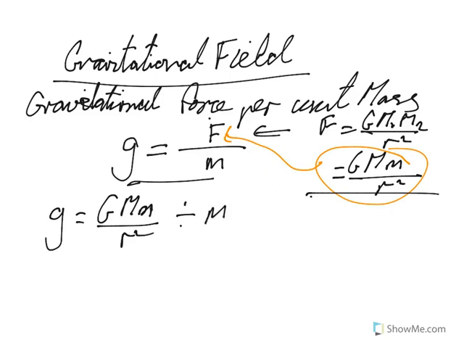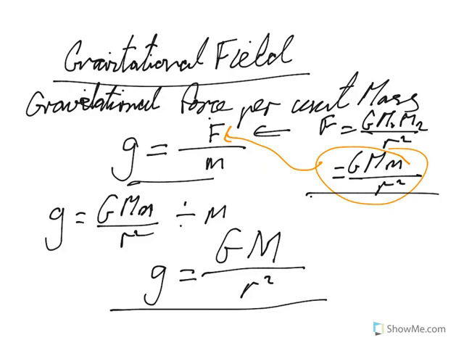When you do that the little m's cancel, and so the gravitational field strength depends on the universal gravitational constant, the mass of the planet or whatever it is, and the distance you are from it. Alright, so this bit here is the thing that we're interested in and going to use.